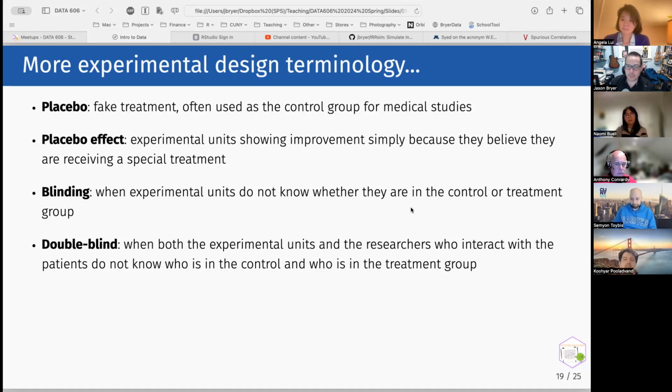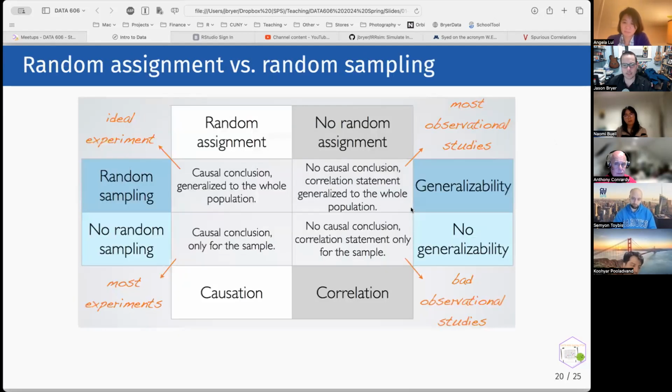Okay. And double blind studies have become really important because there's a lot of evidence that doctors often have favorite patients, or they put patients in the treatments in ways that violate the randomization procedure, which therefore violates the ability to make a causal claim. Okay. So that's why we do double blind studies.